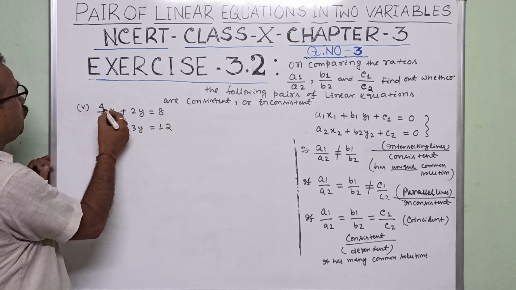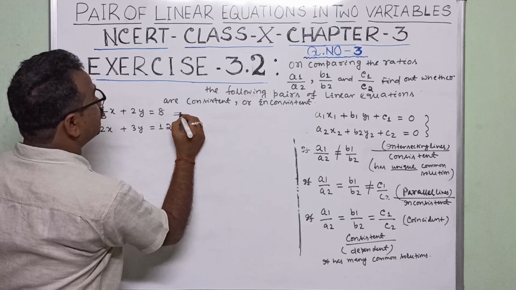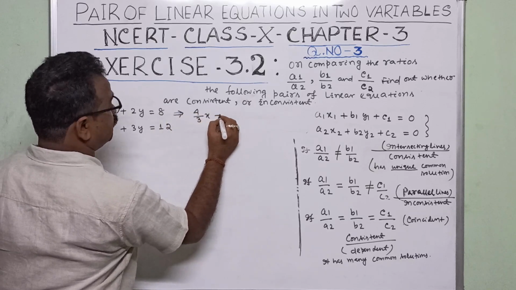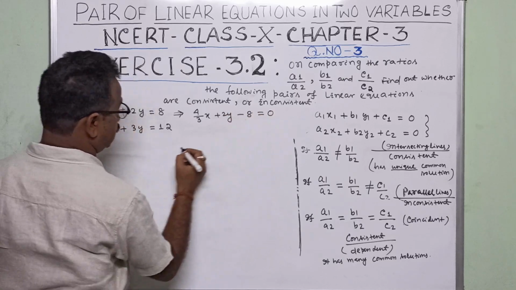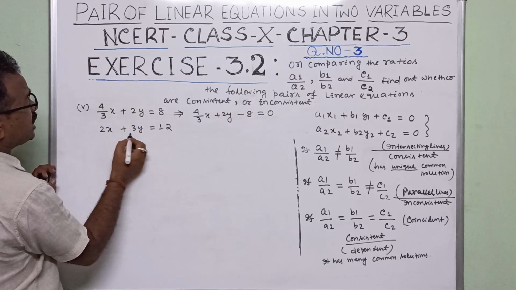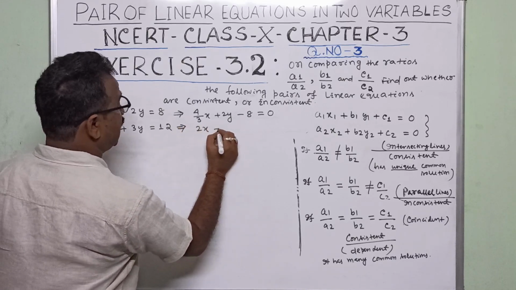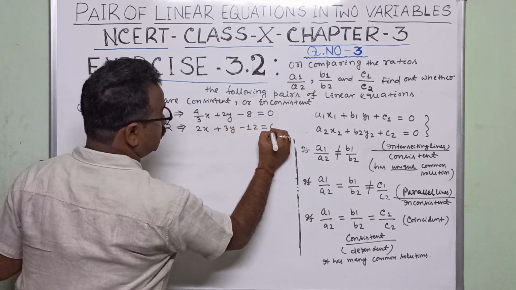They are consistent. So now in part 5, what is given? 4 by 3 x plus 2y is equal to 8. Now write in standard form: 4 by 3 x plus 2y minus 8 is equal to 0. Second one, 2x plus 3y is equal to 12. Standard form: 2x plus 3y minus 12 is equal to 0.